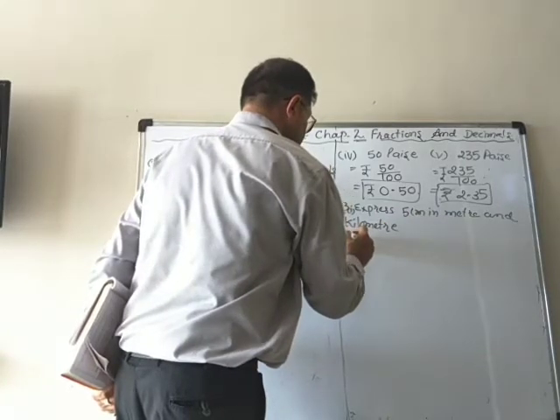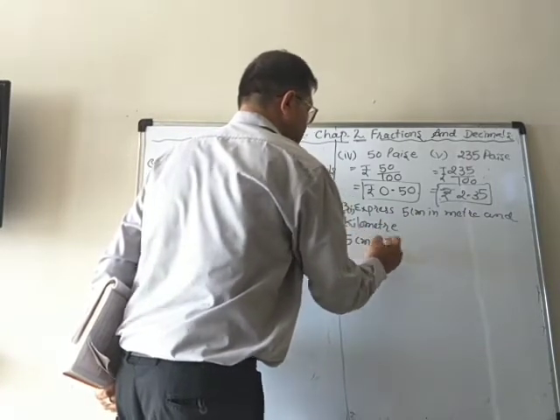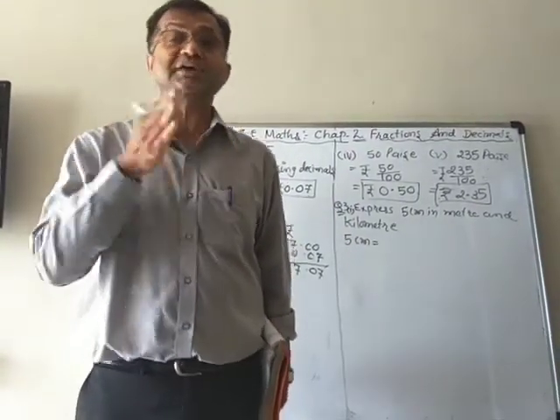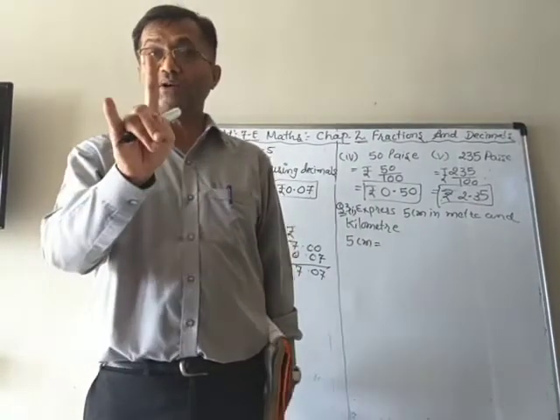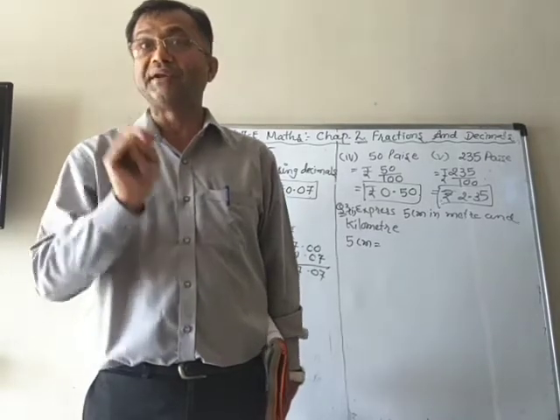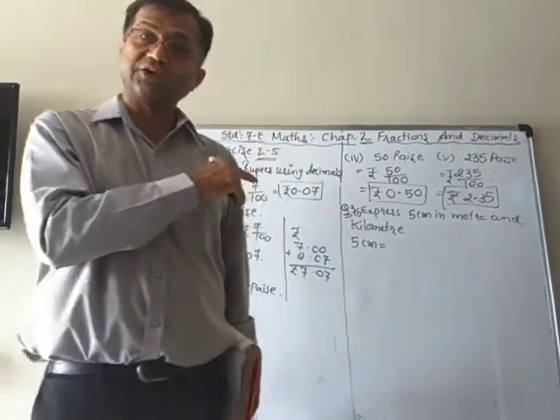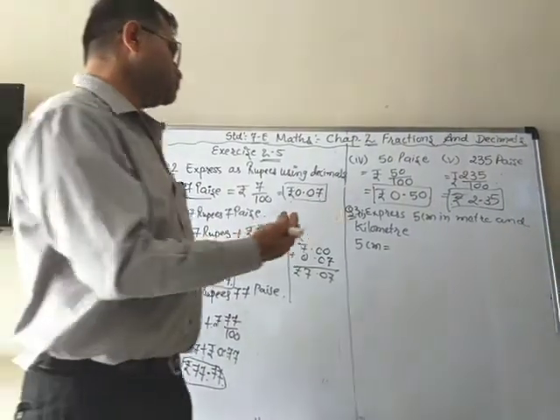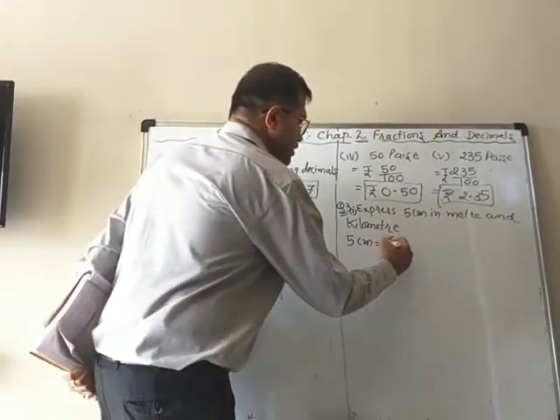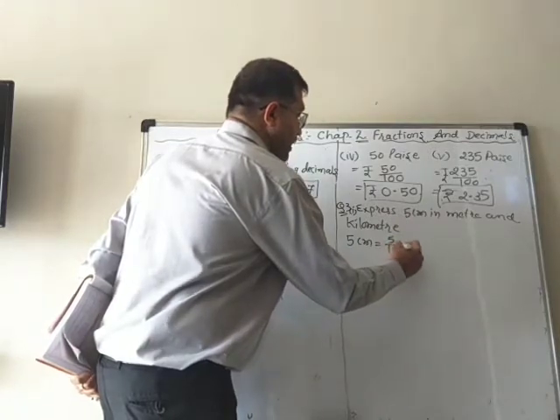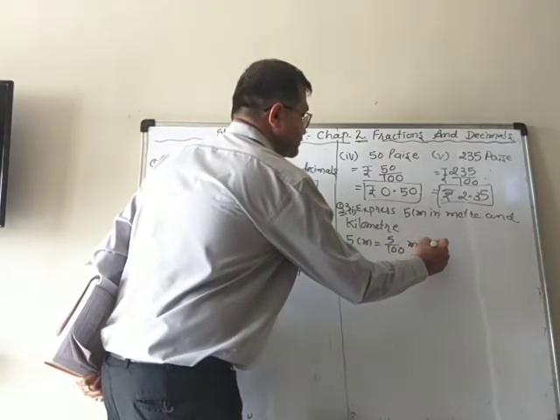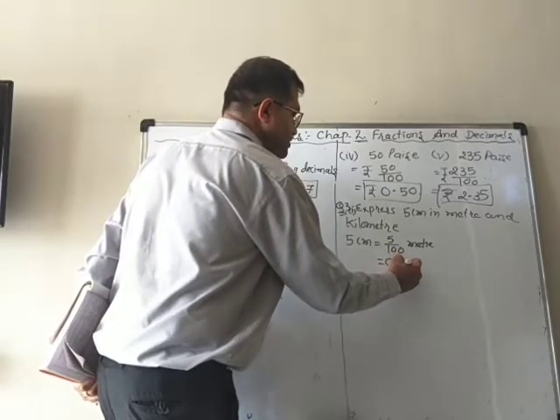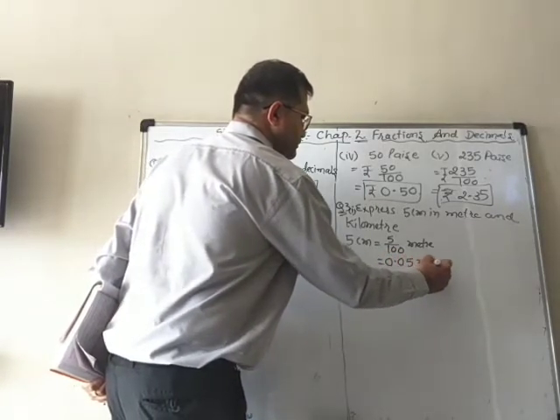Now we must know the relation between meter and centimeter. 1 meter is how many centimeter? 100 centimeter. So same like rupees and paise, we divide by 100. So here also we do the same, 5 upon 100 meter is equal to 0.05 meter.